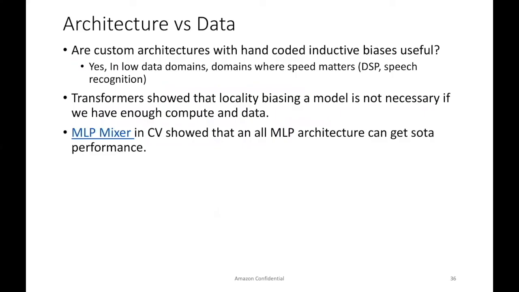The general trend in the industry is that if you have huge amounts of data, large enough data, then sometimes architecture is no longer important, but rather data and data quality become more important. Even a simpler architecture can outperform very complex architectures.